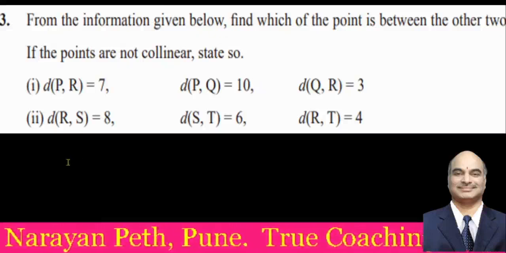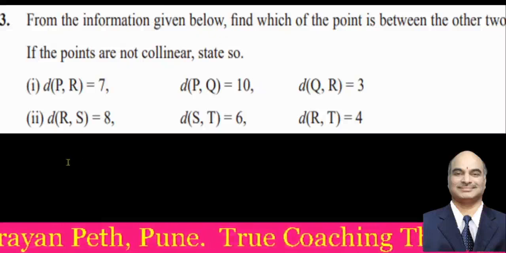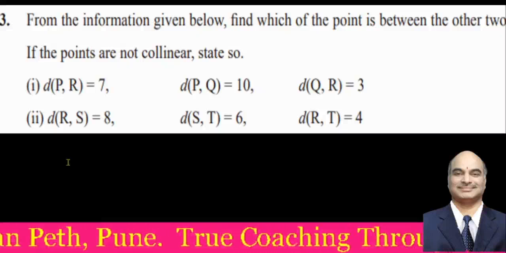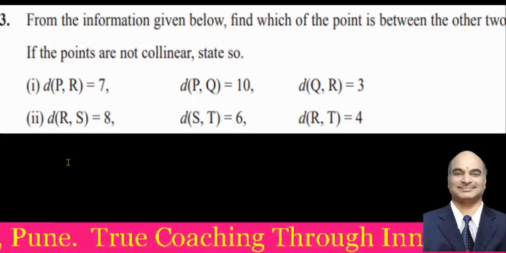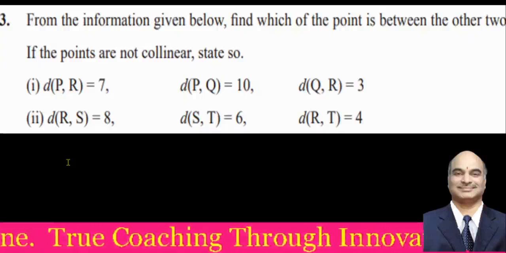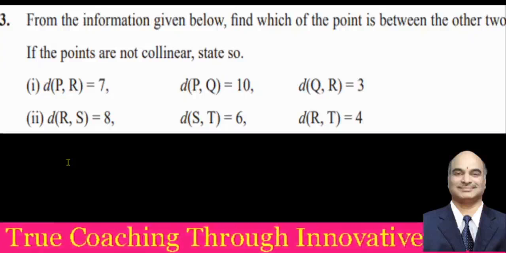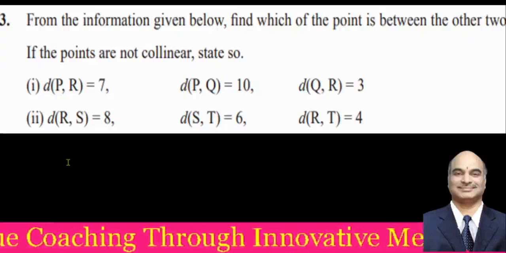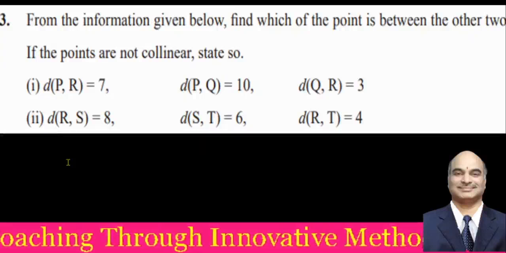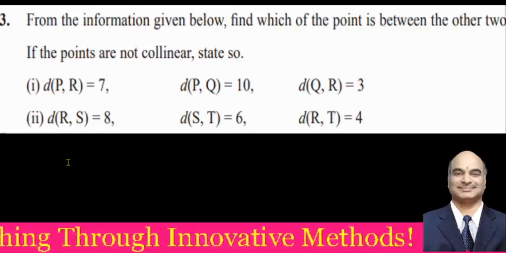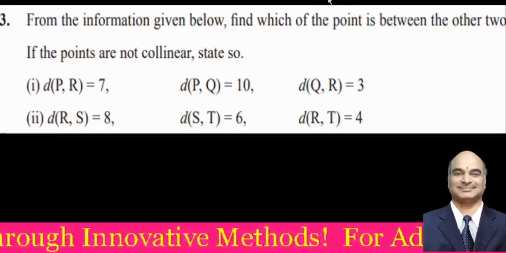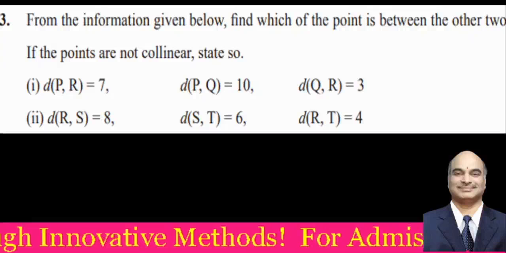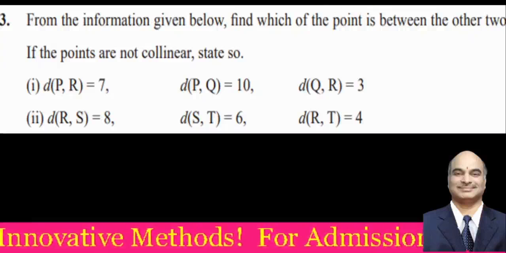Question number 3. From the information given below, find which of the points is between the other two. If the points are not collinear, state so. So here the distances between two points are given and you have to tell which point is between the other two points.